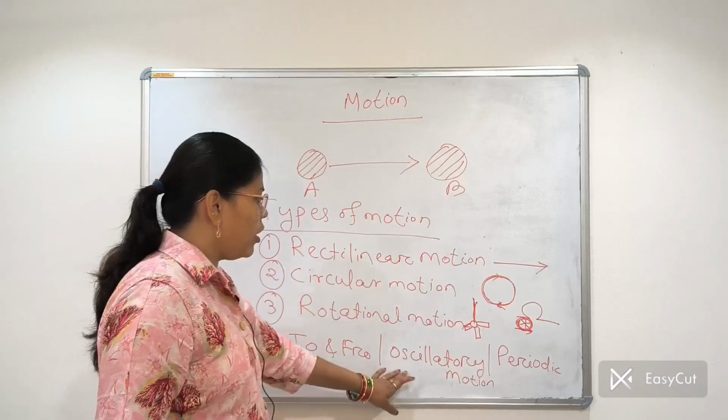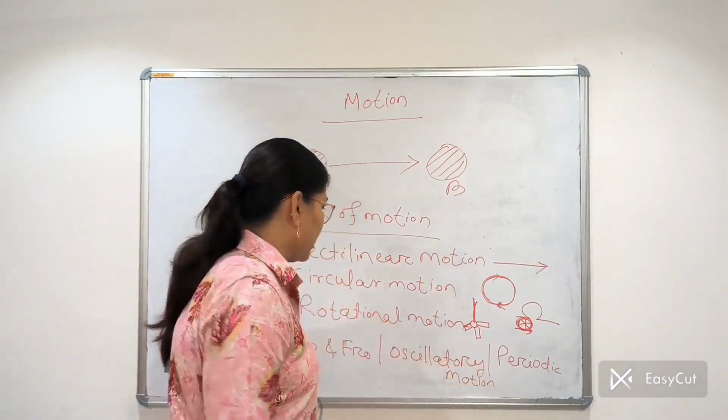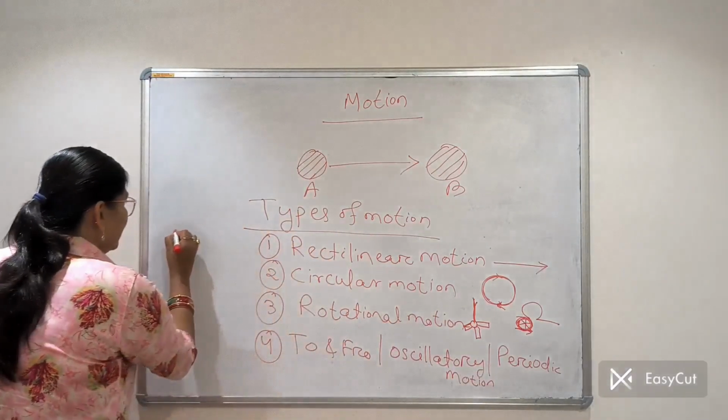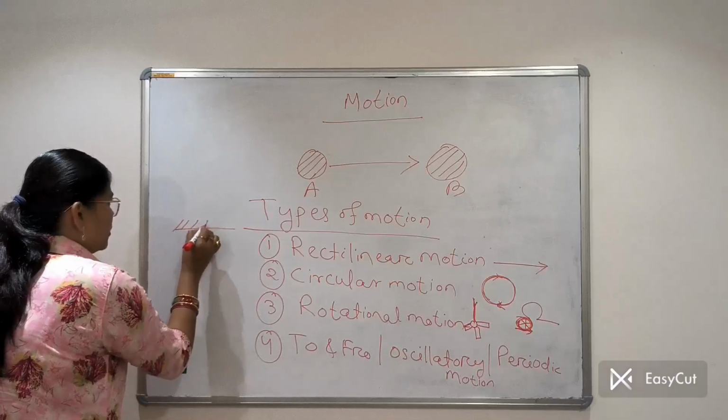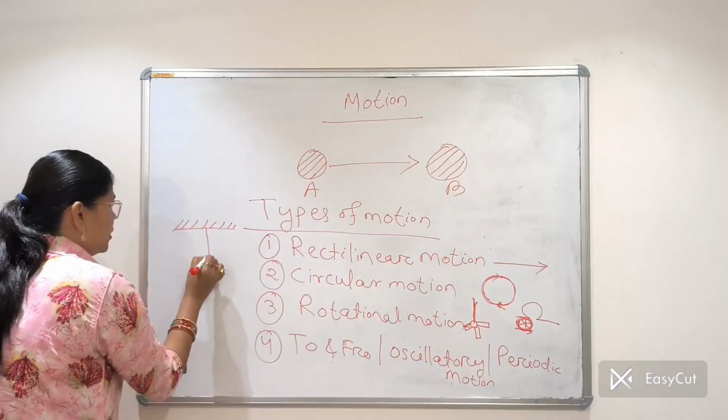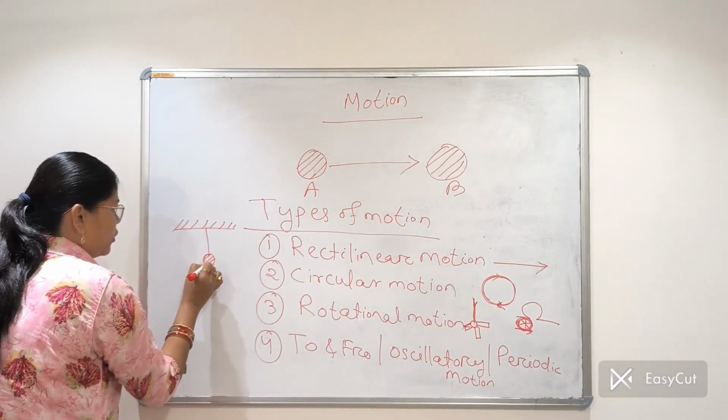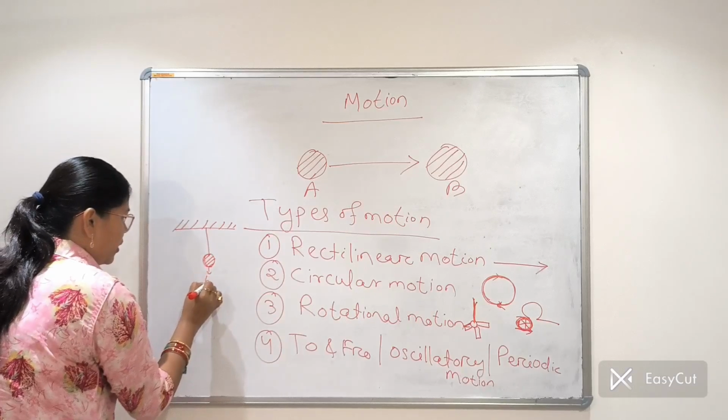Then to and fro or oscillatory and periodic motion. For example, here we can take a support and this is a simple pendulum and this one is known as the bob.